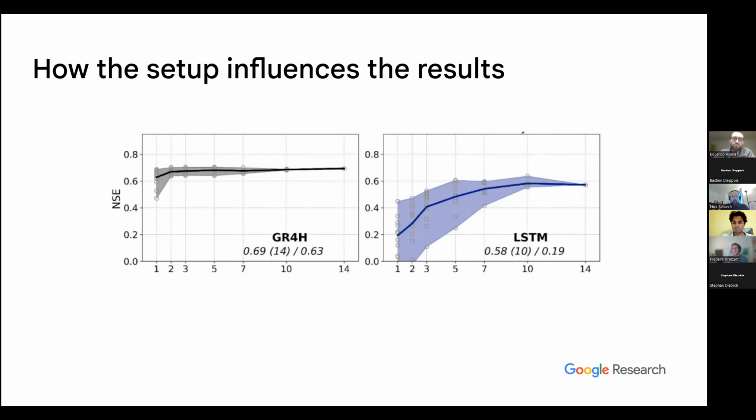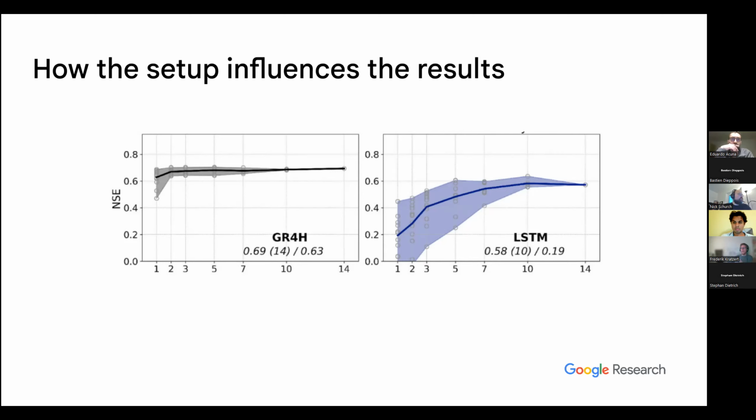They wanted to test the effect of available training data, so they had a fixed set of validation years and varied the amount of training years, right? The x-axis is the amount of training years they used. They did a sliding window approach: they trained on all possible 1-year slices, all possible 2-year slices, and so on.